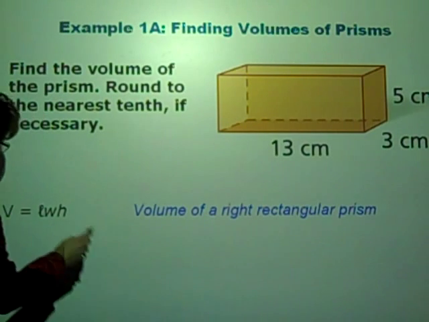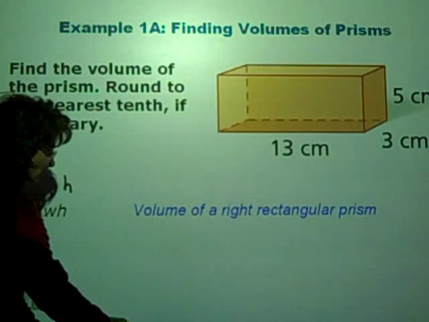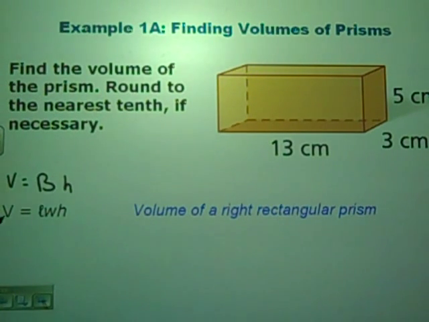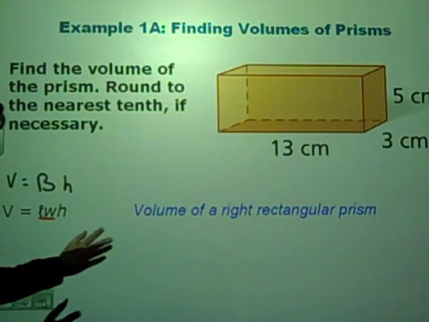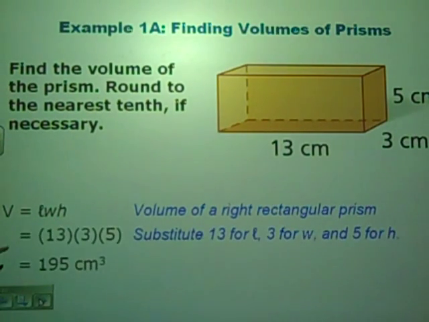Think about it as volume equals area of the base times the height. Well, a rectangle has a base area of length times width. So that's where the length and width come from. Once you've got that, you've got your formula written down with the area of the base formula times the height. Now you plug in what you know, 13 times 3 times 5, and you just multiply it out.